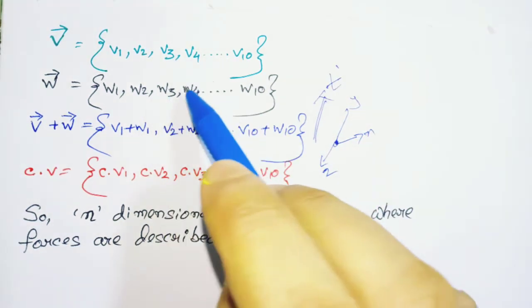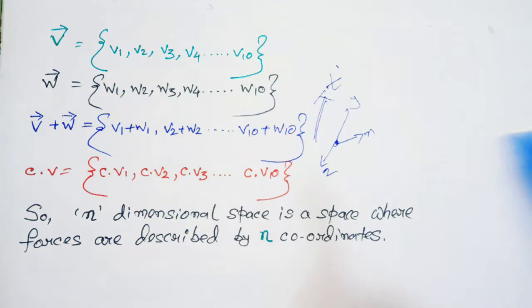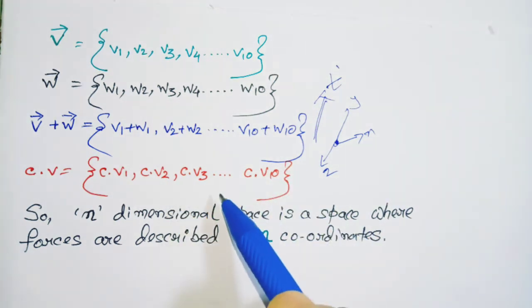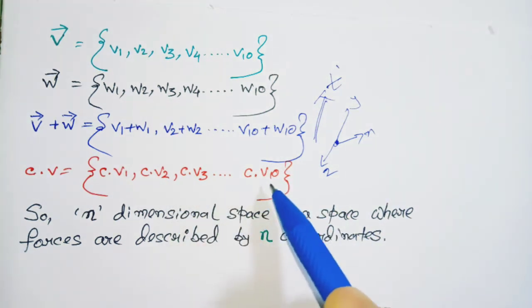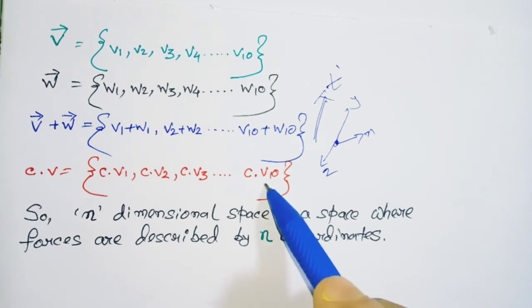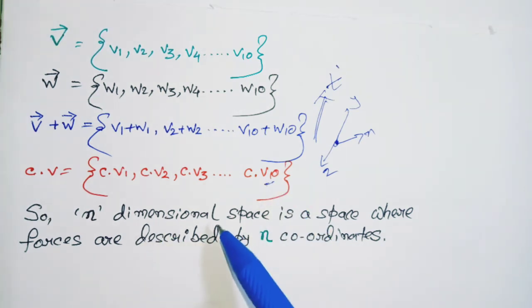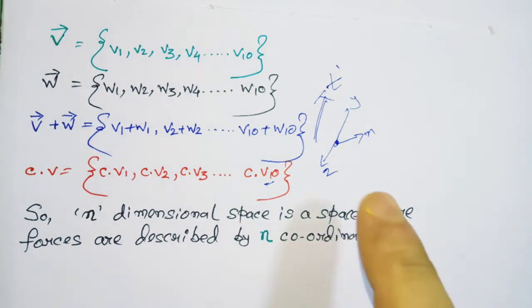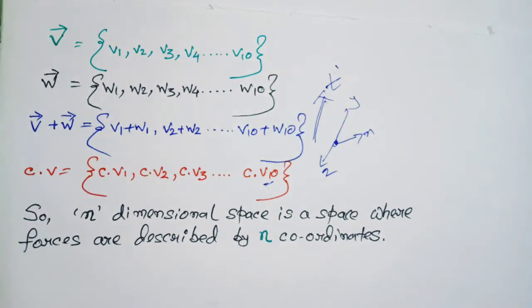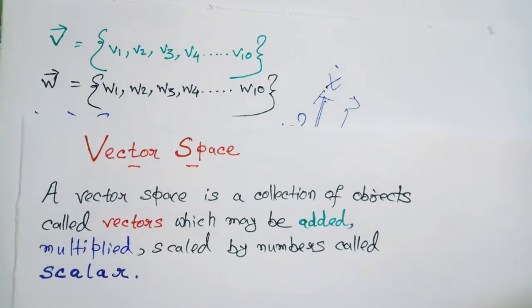But these are 1, 2, 3, 4. How many? Till 10, anything. So if you want to generalize this to 10, and from 10 to n-dimensional space, that is what is called an n-dimensional space, where the forces of physics are described by n coordinates. So we have understood what a vector space is. A vector space is a collection of objects, definitely called vectors.